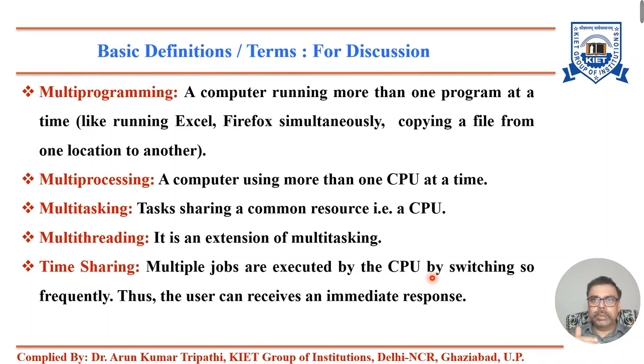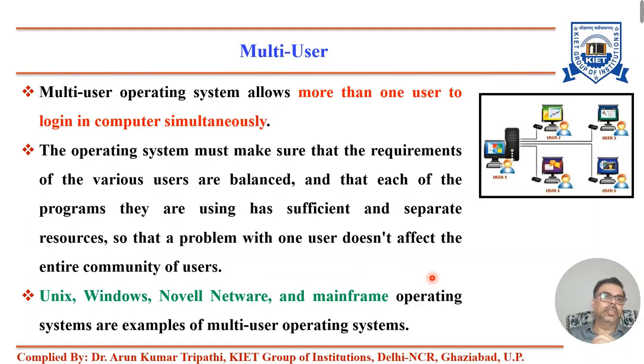So process P1 will perform for 2 milliseconds, then after 2 milliseconds it will be allocated to process number 2, then after 2 milliseconds to process number 3. So a number of tasks may get executed simultaneously. So there is time sharing for the processor, meaning the processor time is being utilized by a number of tasks.